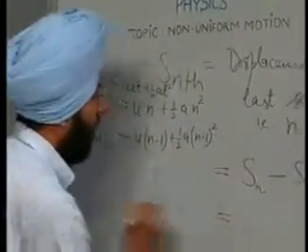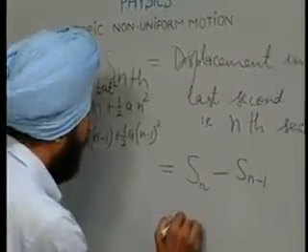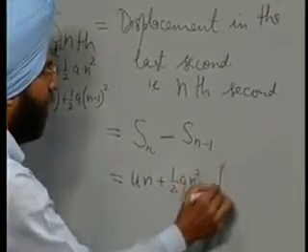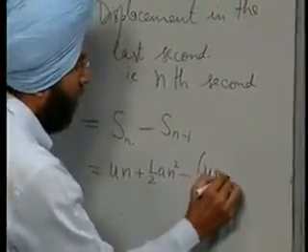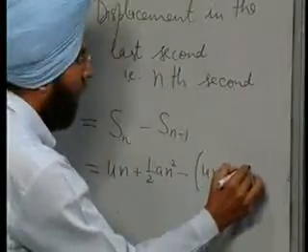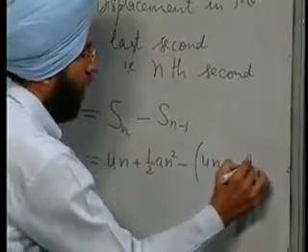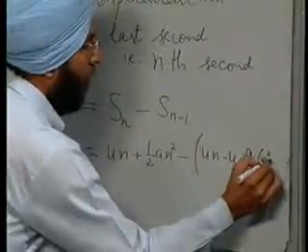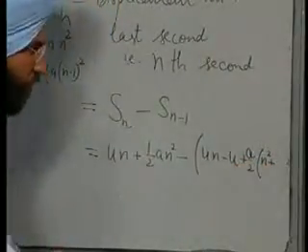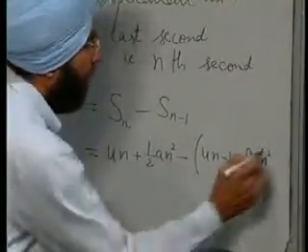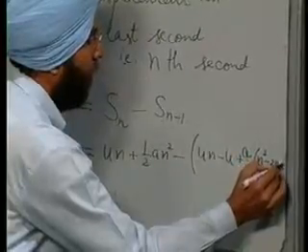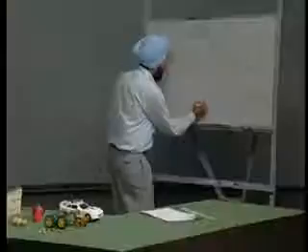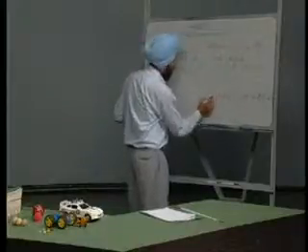Substituting the values, S n is equal to u n plus half a n square minus u into n minus 1 minus half a into n square minus 2 n plus 1. The u n minus u n gets cancelled.